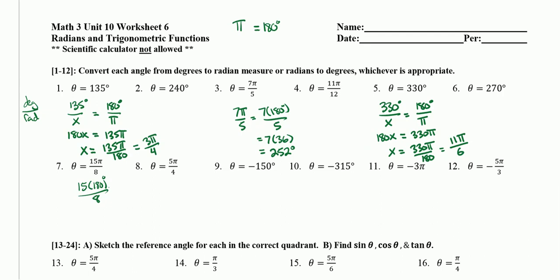We can reduce a little bit, so let's do 15 times 180. We get 2700 over 8, and if you divide that by 4, you end up with 675 over 2 degrees.